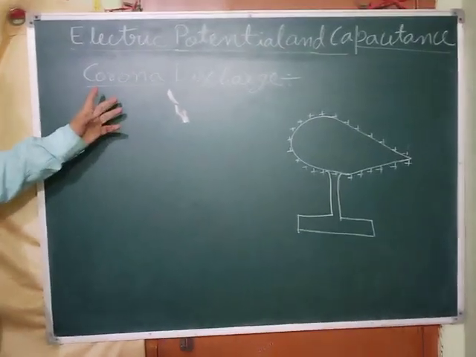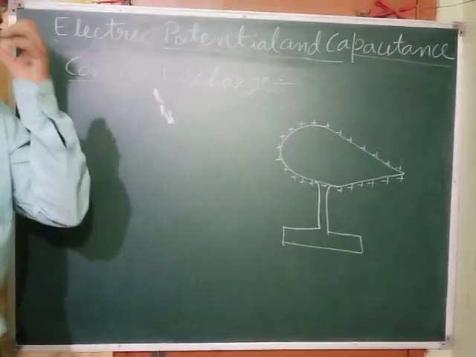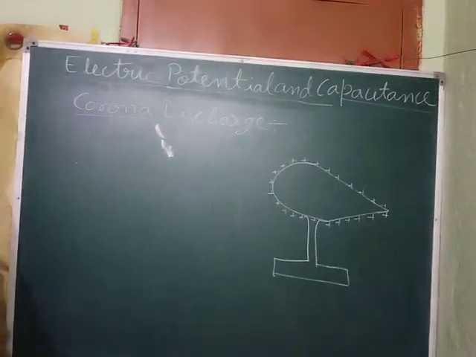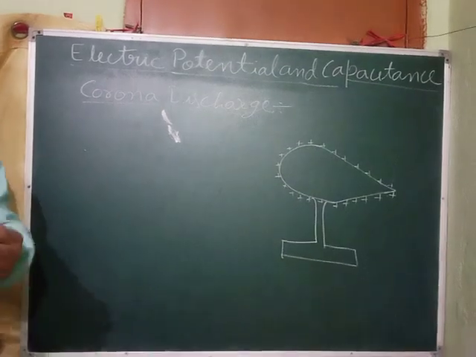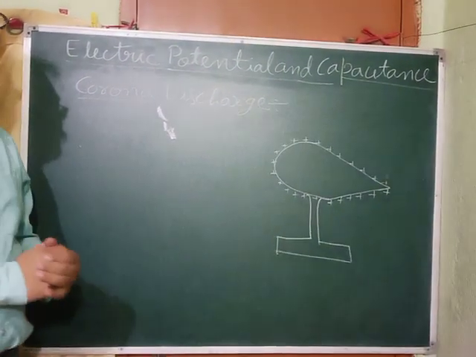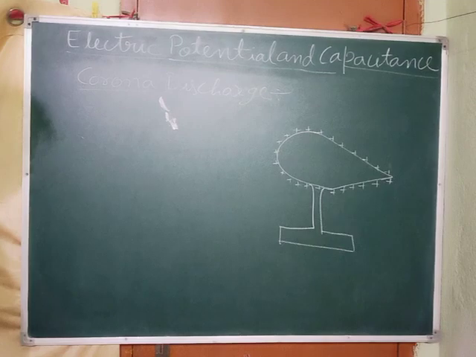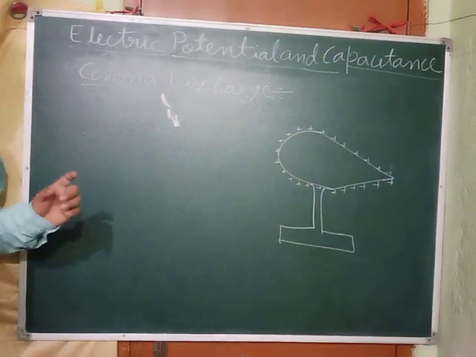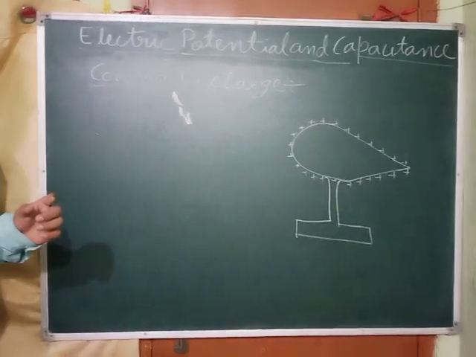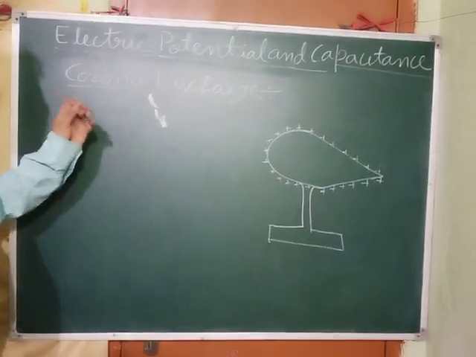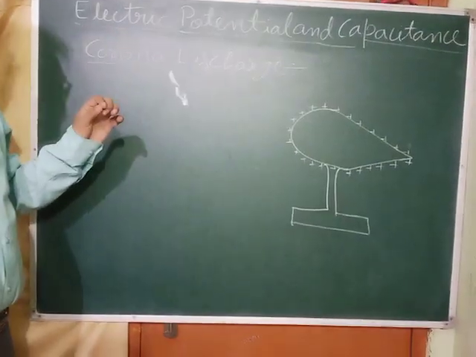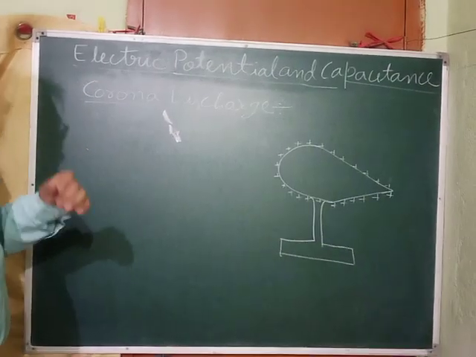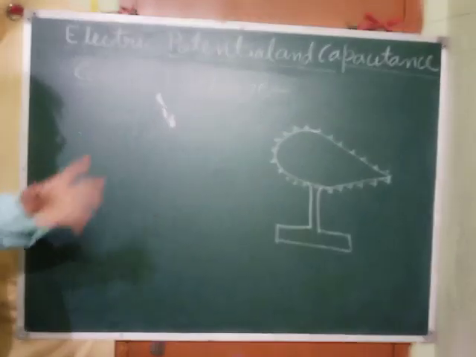Our next topic is corona discharge. Just note down the heading. Noted. Now write the definition first. The process by which the pointed end of a conductor gets discharged is called corona discharge.